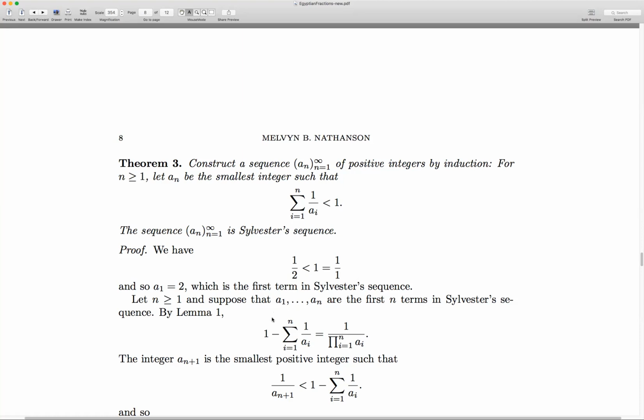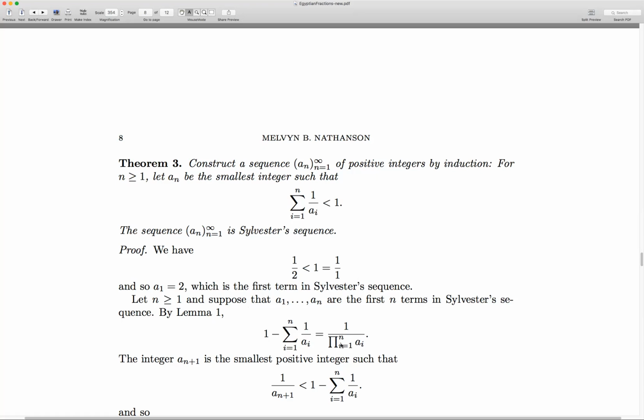So suppose that the first n terms you've constructed are in fact the first n terms in Sylvester's sequence. By the lemma on the previous slide, if I take 1 minus the sum of the reciprocals of the first n Sylvester numbers, that's exactly equal to this Egyptian fraction, 1 over this product.